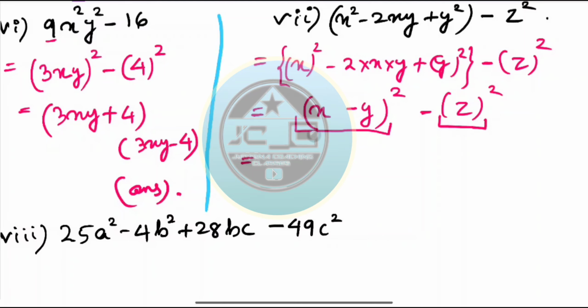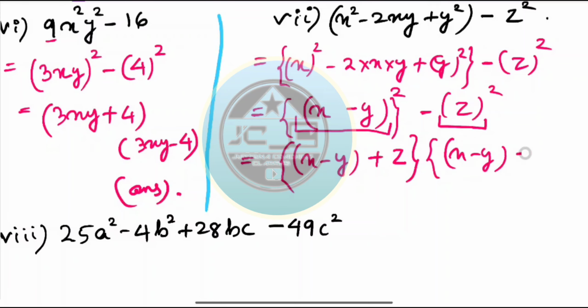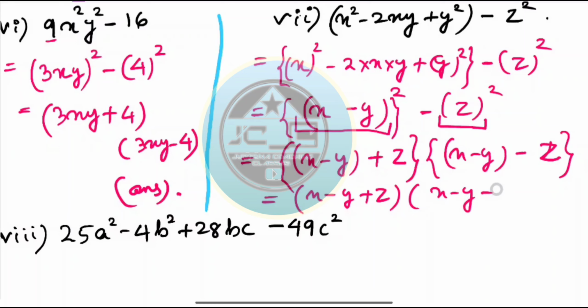So now can I write that in the place of a, (a plus b) into (a minus b)? Clear? So what should be the final answer? The final answer should be (x minus y plus z) whole into (x minus y minus z). Clear? Is that clear? Okay.